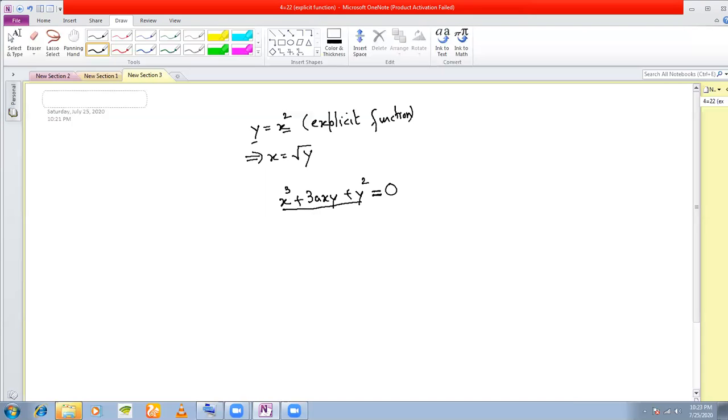Can you find y in terms of x? Also not possible. That means such functions are called implicit functions. So this is an explicit function where you know y in terms of x and x in terms of y. This is an implicit function where you don't know how to write x in terms of y or y in terms of x.